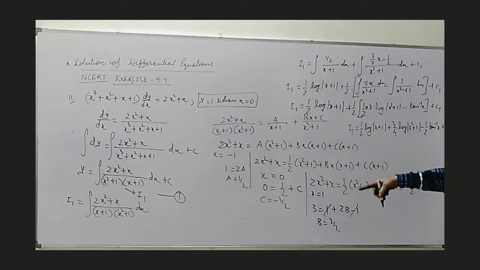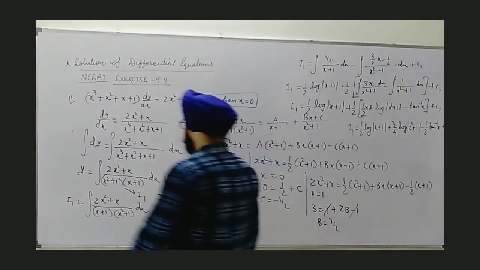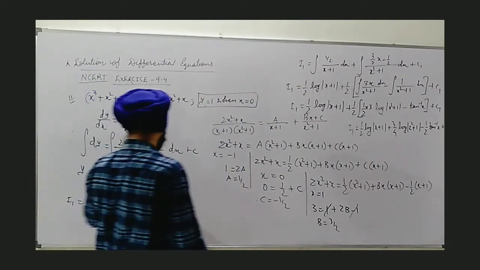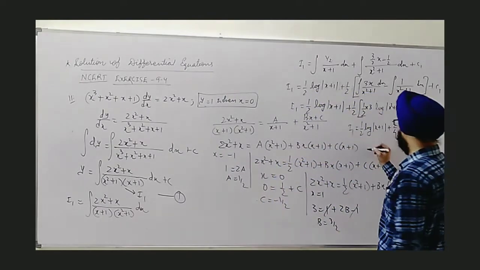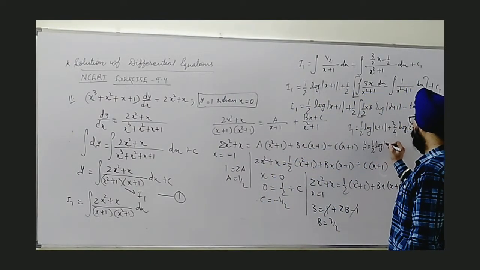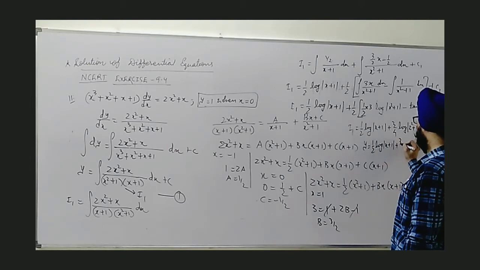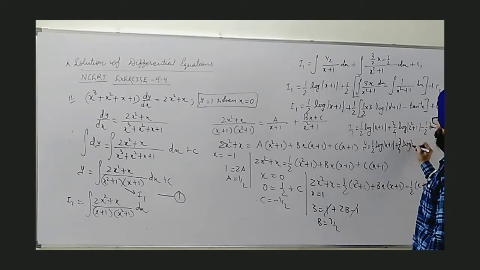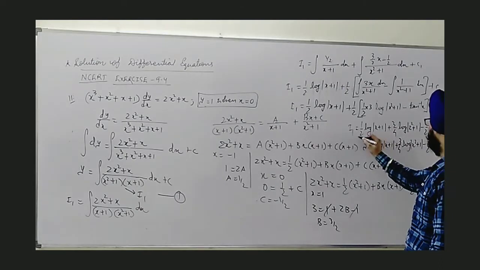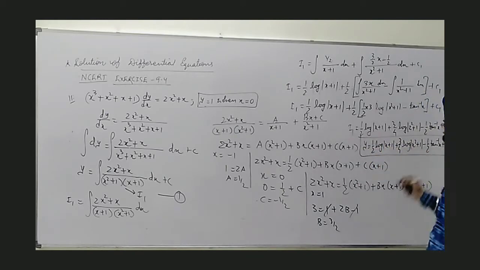This value we have to put in place of I1 here. So this all, if I consider equal to y in equation number 1, means we can say y is equal to half log mod x plus 1 plus 3 upon 4 log mod x square plus 1 as it is. Not a change, only y we have to take in extra. Finally, we can wind up with this solution.